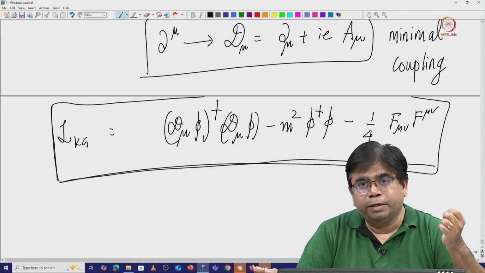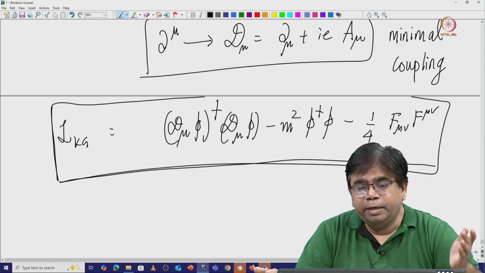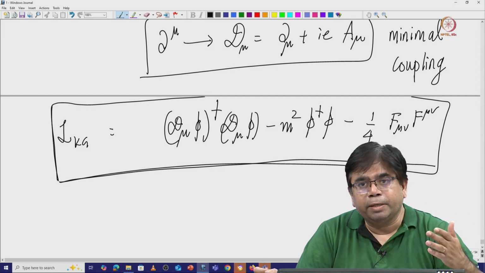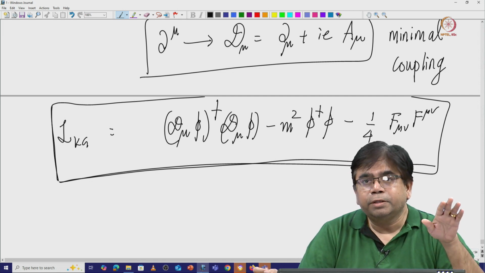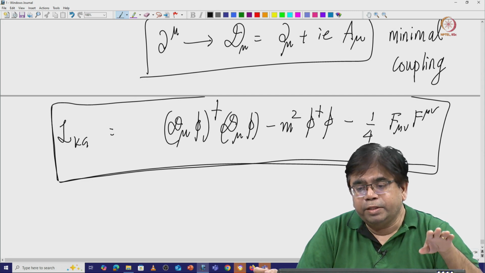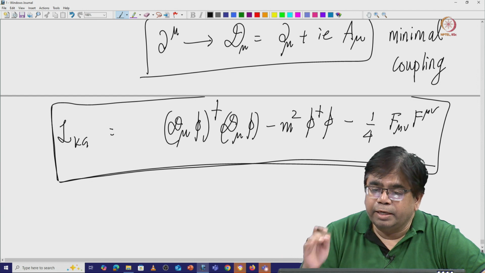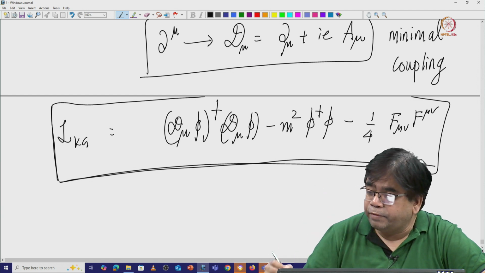We introduced the electromagnetic theory Lagrangian, the Klein-Gordon field Lagrangian, and then something called the minimal coupling, through which you can couple the Klein-Gordon field, phi, with the electromagnetic field. With this we can re-express it in this fashion.